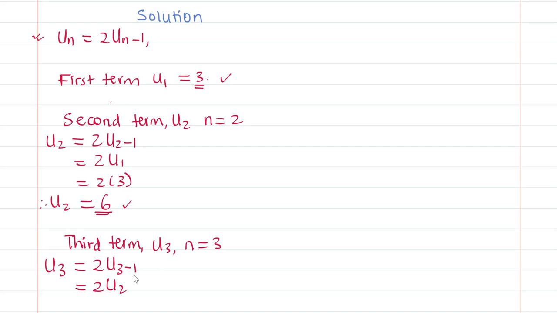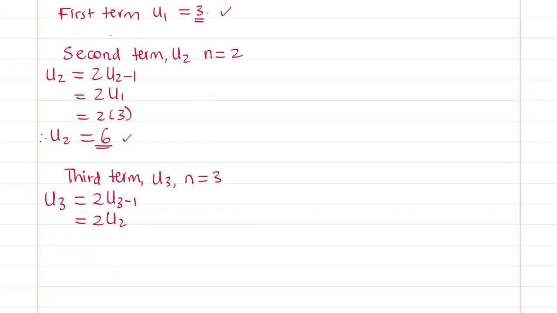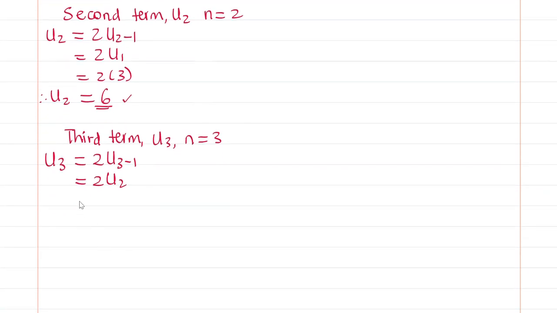Because 3 minus 1 is 2. So the third term is again twice the second term, because u2 is the second term. So we substitute now for u2. What is u2? u2 is 6. And therefore our third term here is 12. So u3 is 12. That is our third term.